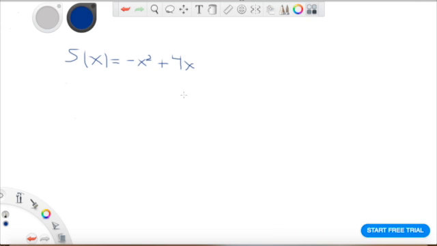And it asks us what his average velocity is between 2 and 4 seconds. Now the average velocity is just displacement divided by time. So how fast did he move between 2 and 4 seconds?